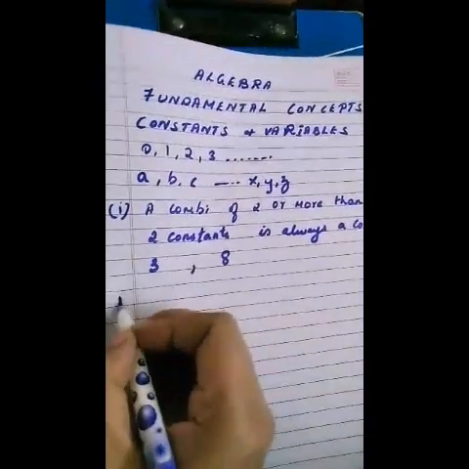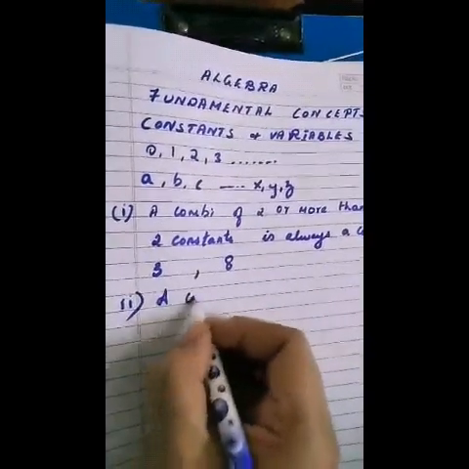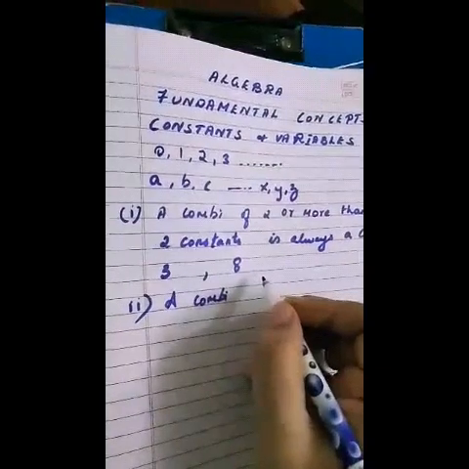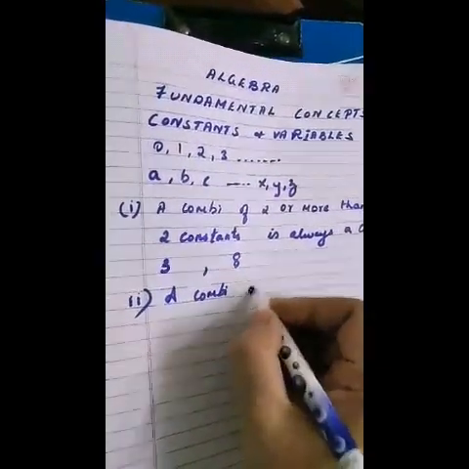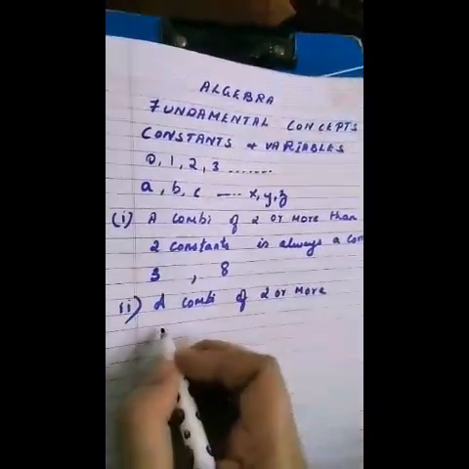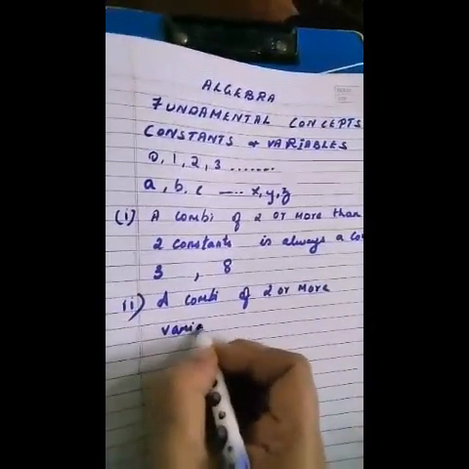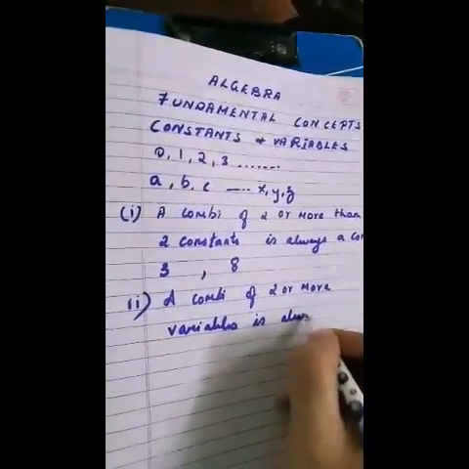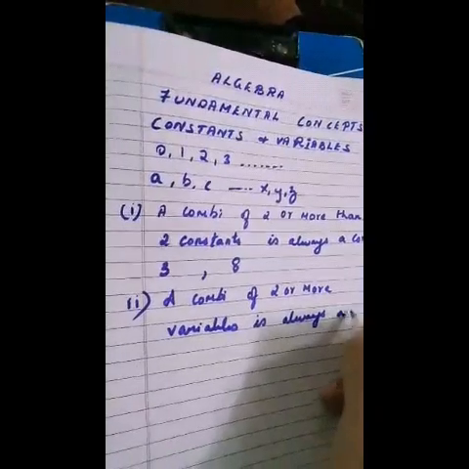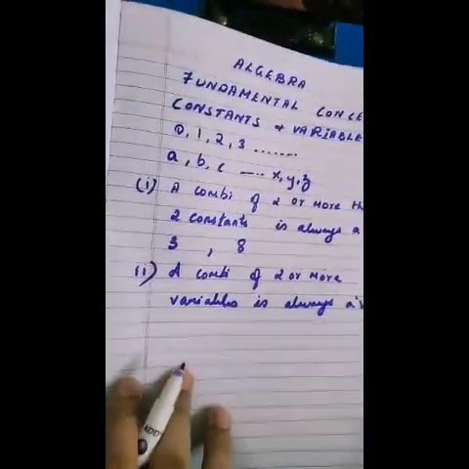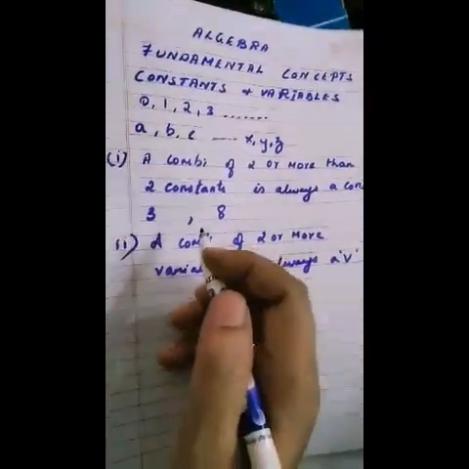Now let's see the combination two. The combination of two or more variables is always a variable. This is your second elementary treatment which you have to remember.